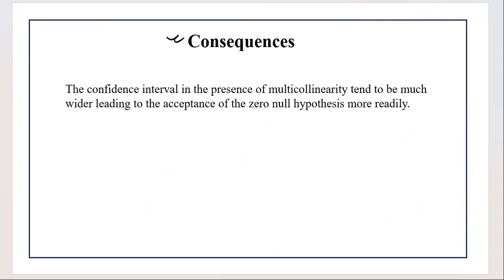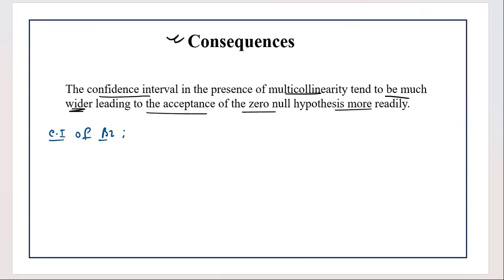Now coming to the second consequence, it says the confidence interval in the presence of multicollinearity tends to be much wider, leading to the acceptance of the zero null hypothesis more readily. So if you remember, what will be the confidence interval? Again, confidence interval of say beta 2.